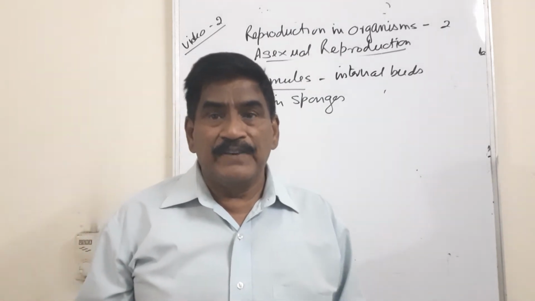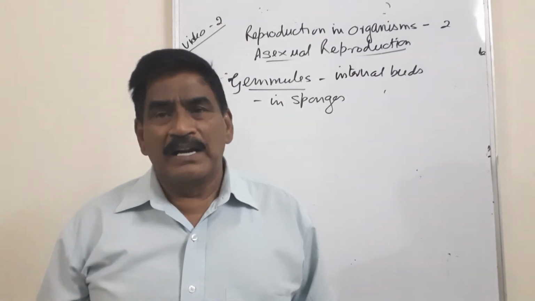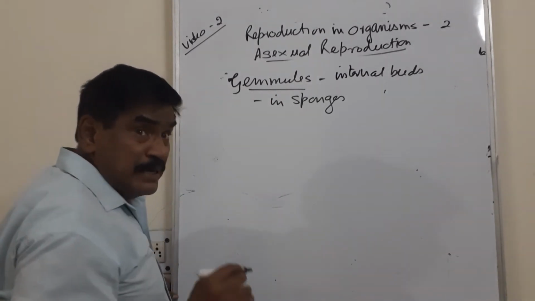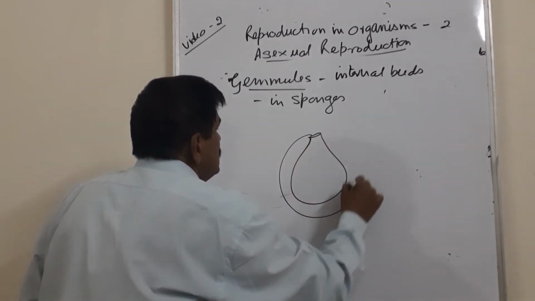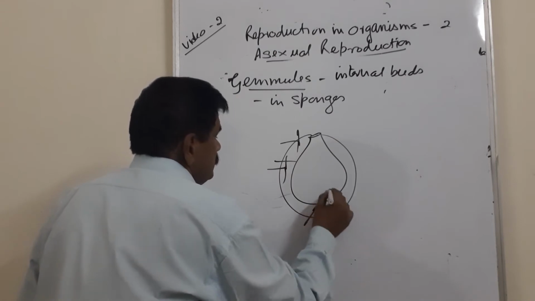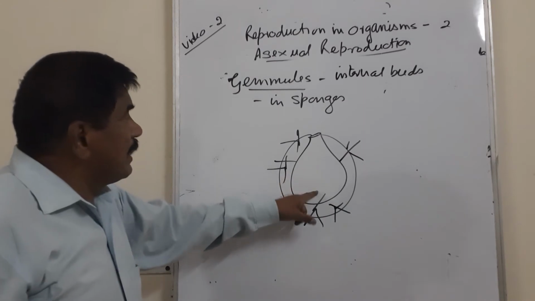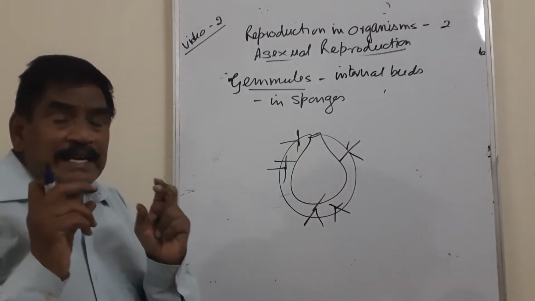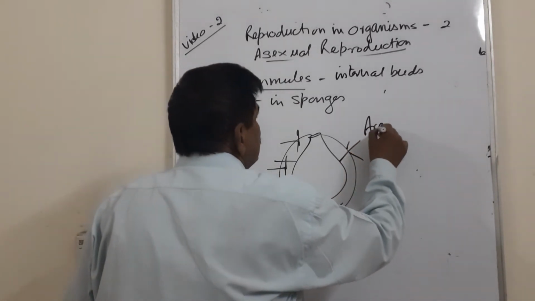When the sponge is facing adverse environmental conditions, say deficiency of water or high temperature, then gemmules are formed. Gemmule formation is characteristic of sponges, and one more question: what type of cells can form gemmules? It is the archaeocytes.